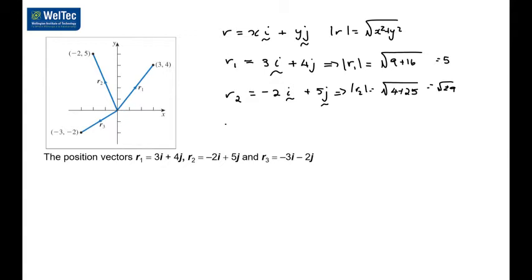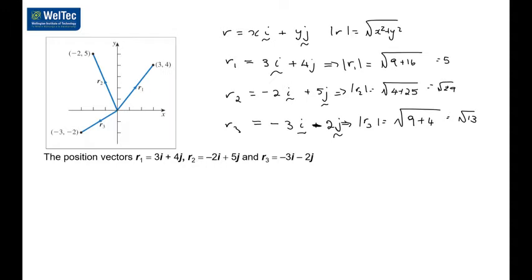Looking at r3, r3 is negative 3i minus 2j. So the magnitude of that is going to be the square root of 9 plus 4, which is root 13. So what we've done is we've found the lengths of each of those position vectors.